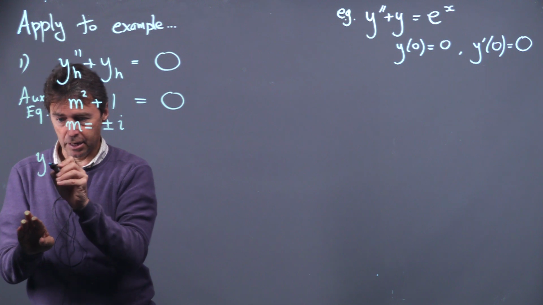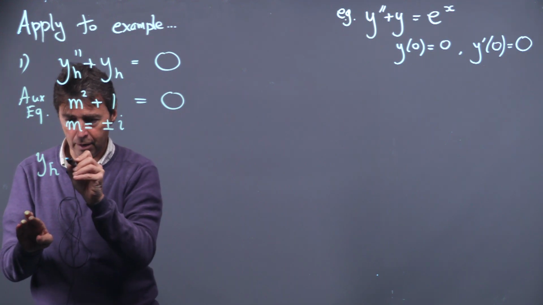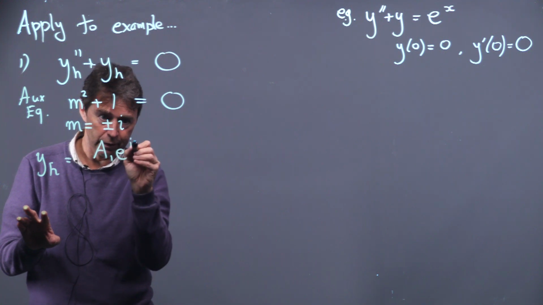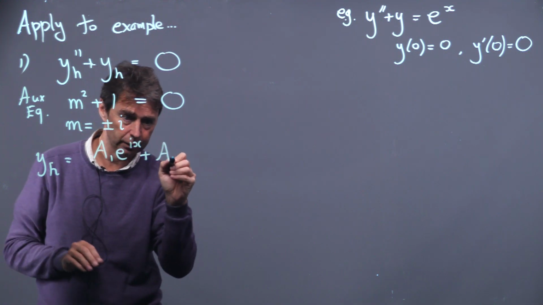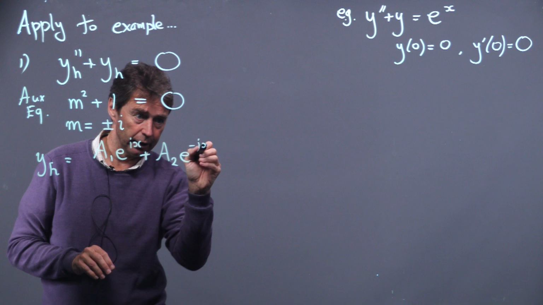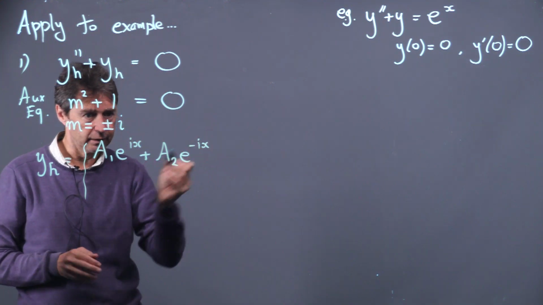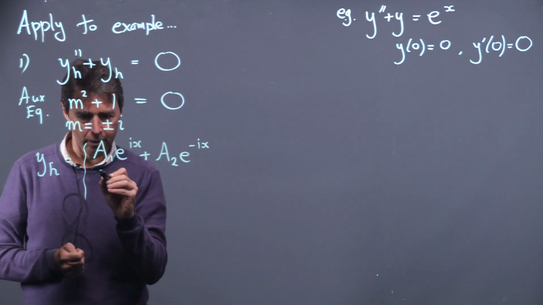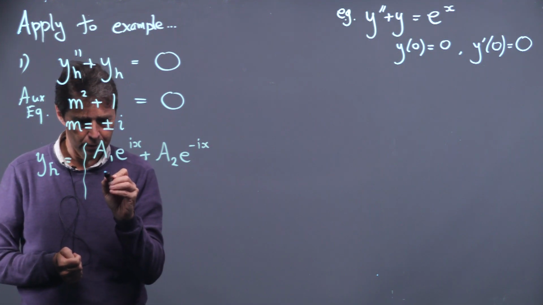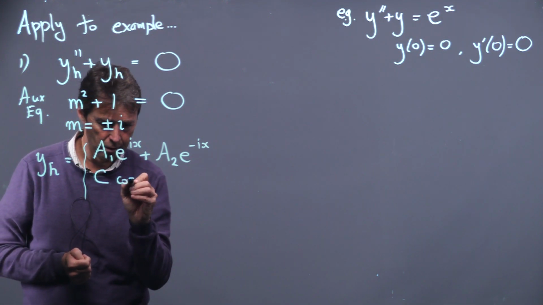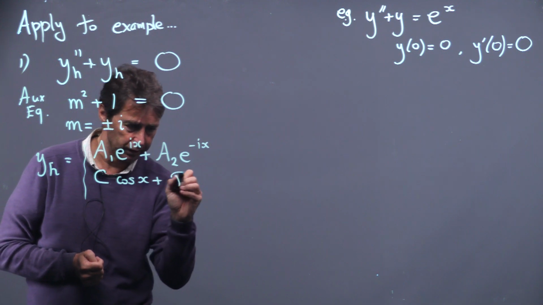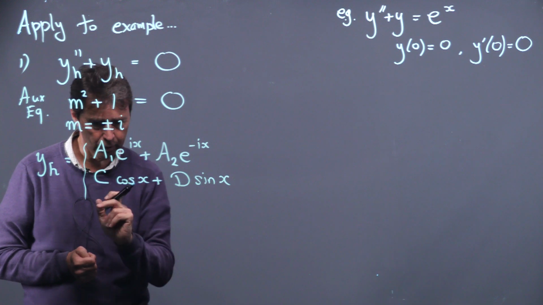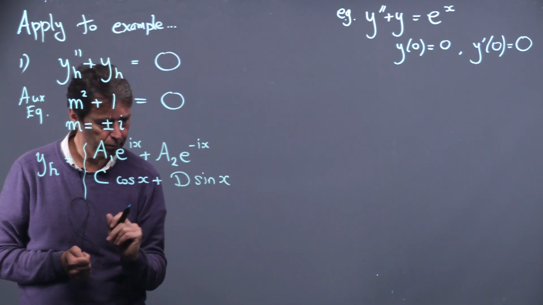That means that I can choose yh to be either a1 e^(ix) plus a2 e^(-ix). That's a little bit ugly because it's got these complex exponentials. Or I can write something like c cos x + d sin x. The a1 and a2 are arbitrary constants, the c and the d are arbitrary constants.